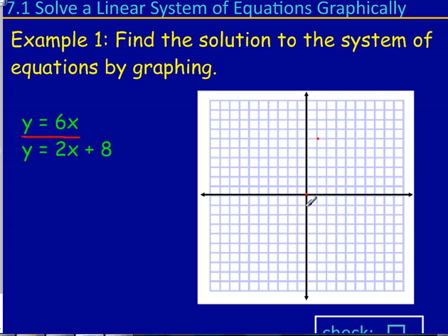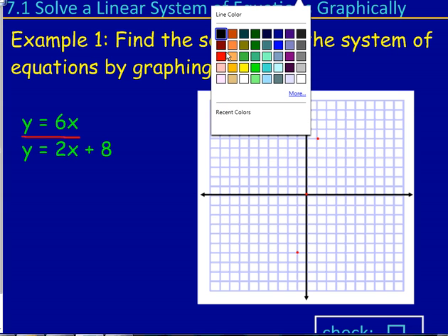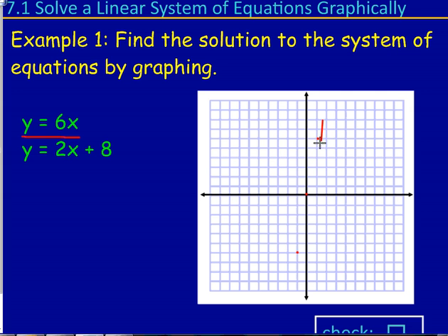So I'm going to go down 1, 2, 3, 4, 5, 6 over 1. Okay, and I'm going to grab a line here. So there is my first line, I have y equals 6x graphed right here.